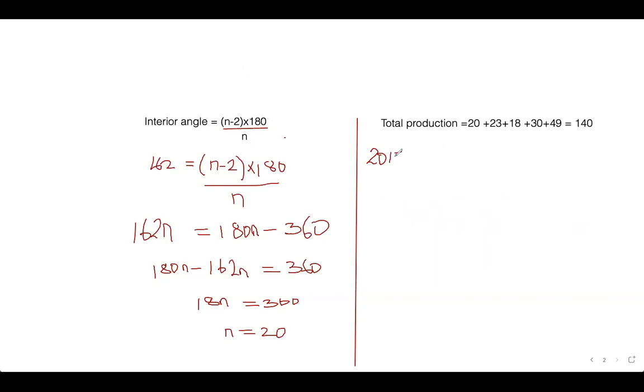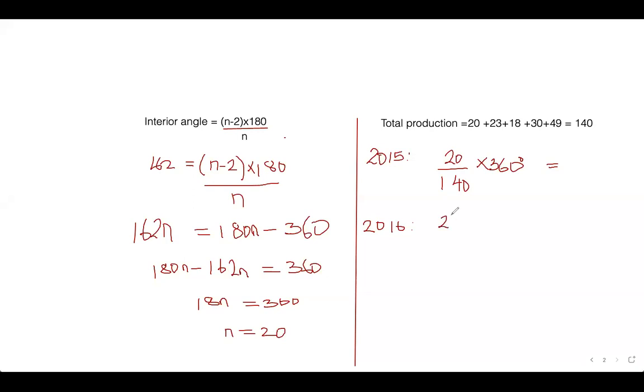So 2015, I want to get the angle corresponding to that. You get 20 divided by 140 times 360. Okay. You get that angle. Then the next year was what? 2016.